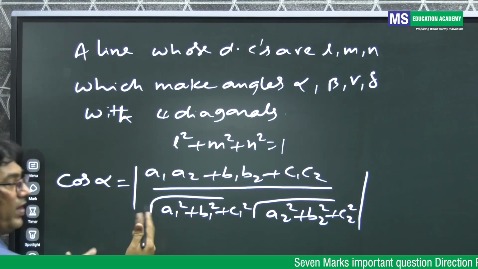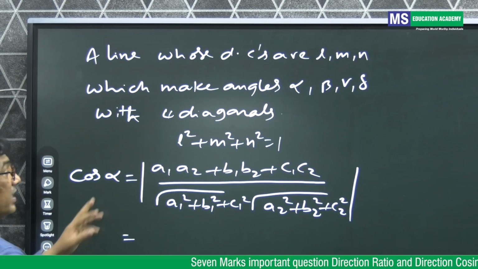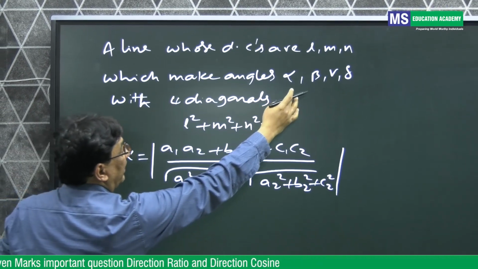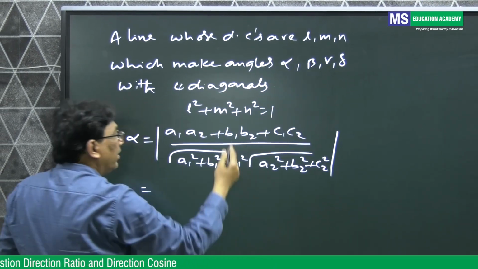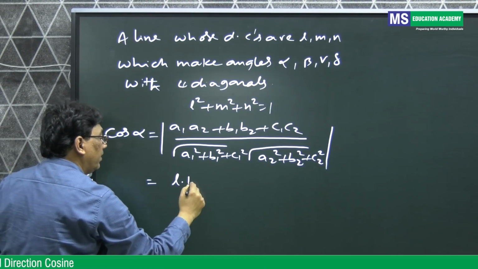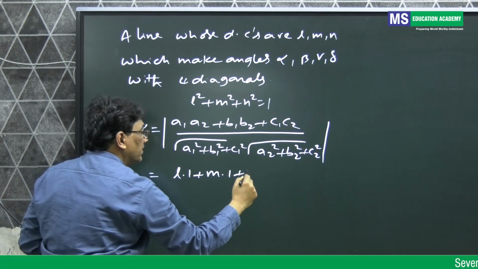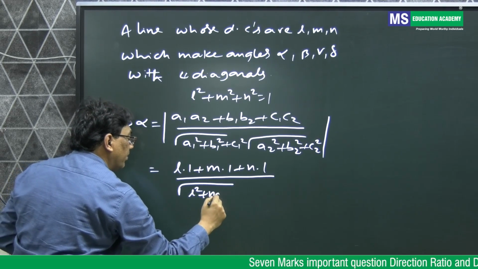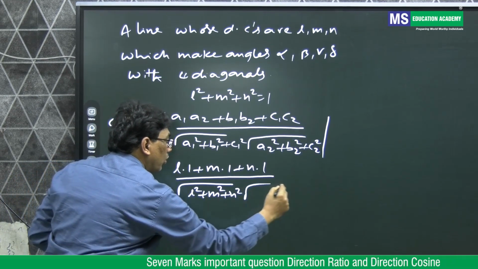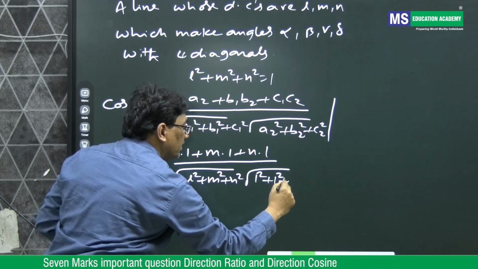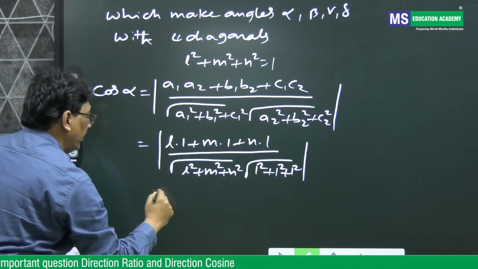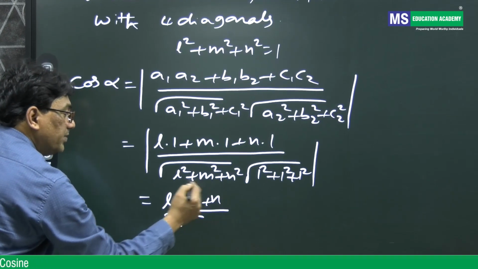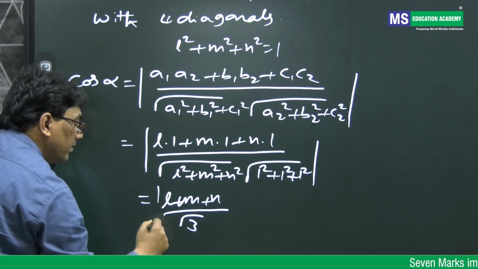Just one time if you write the formula, that is enough. Now DRs of OG are 1, 1, 1 and DRs of the other line are L, M, N. If you apply that, L into 1 plus M into 1 plus N into 1 by root L square plus M square plus N square, root 1 square plus 1 square plus 1 square. The value becomes L plus M plus N by, this value becomes 1, no need to write, the denominator is root 3.